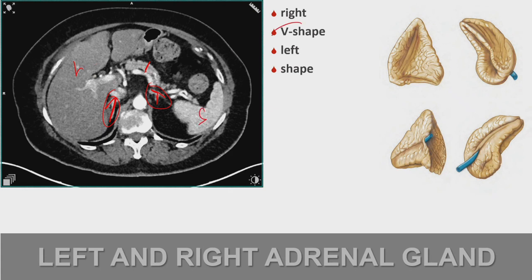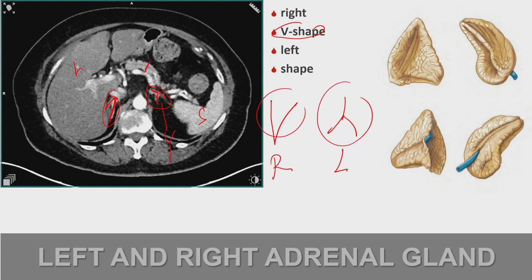The right has a V shape, and the left one has an epsilon, or upside down epsilon shape. And you can see here the epsilon and here the V.